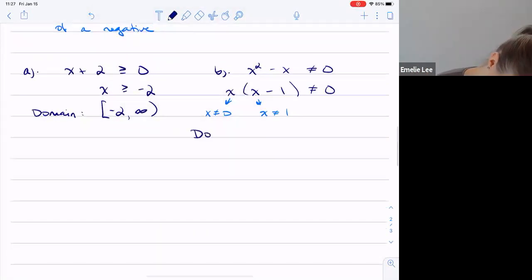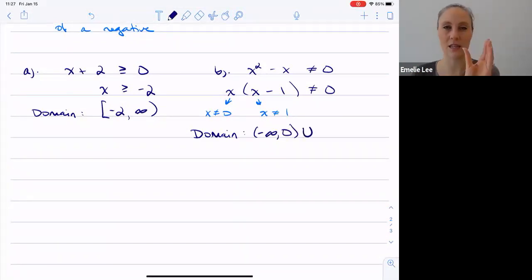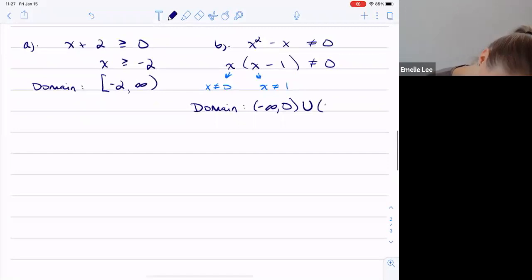So our domain in interval notation would be -infinity to 0. And then we link them with that U, the union: 0 to 1, union, 1 to infinity.